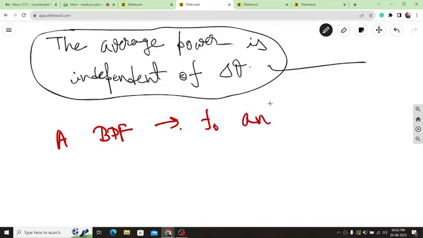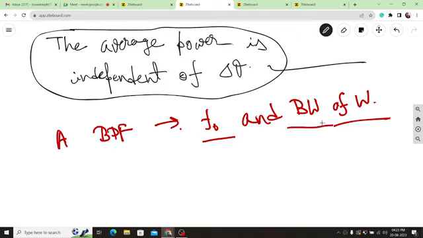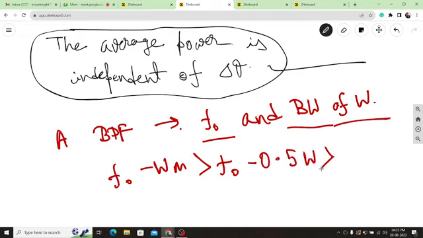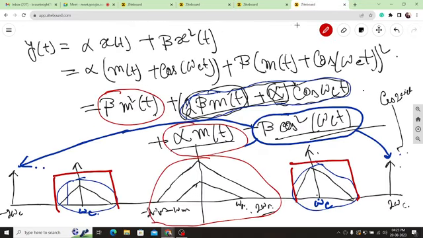and bandwidth of W, such that f0 minus Wm is greater than f0 minus 0.5 W, which is greater than 2 Wm, according to these conditions.